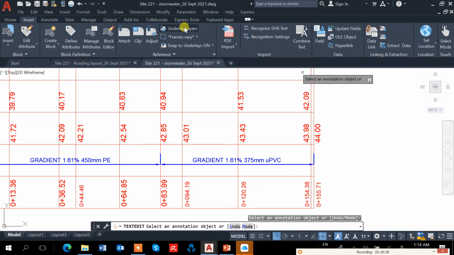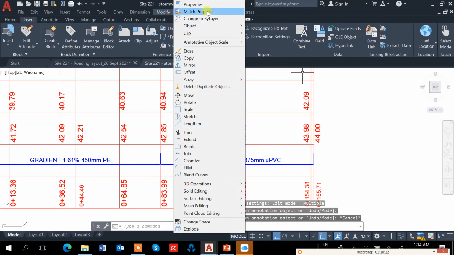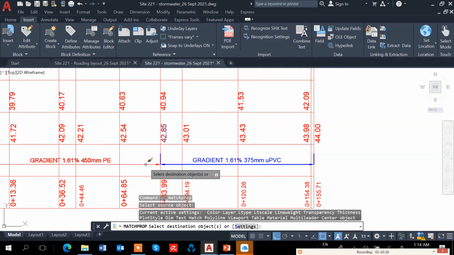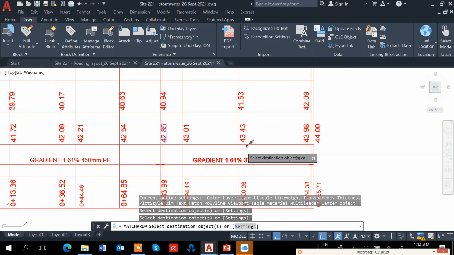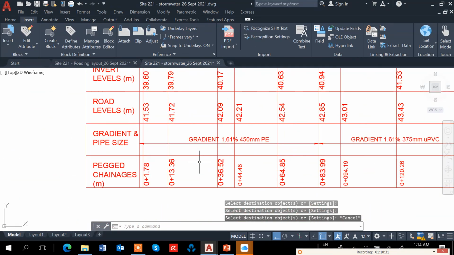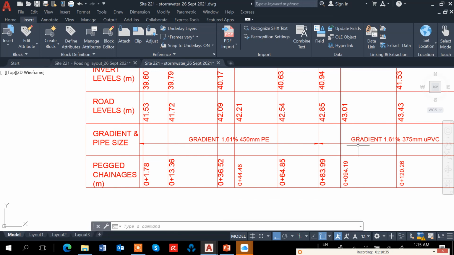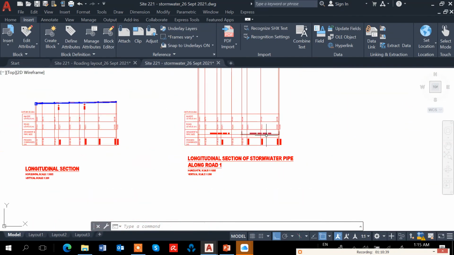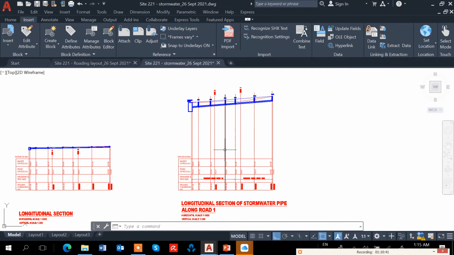I just change the color and match the properties. So that specifies the slope of the stormwater pipe and then the size. What are the sizes of the pipes? That's the long section of the stormwater pipe.